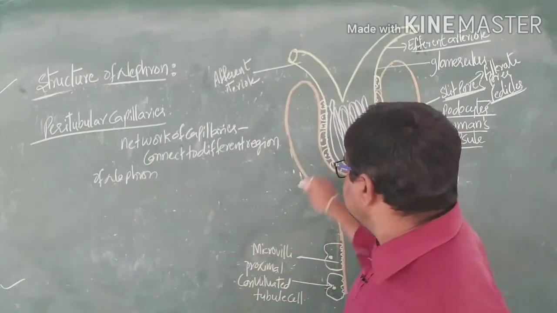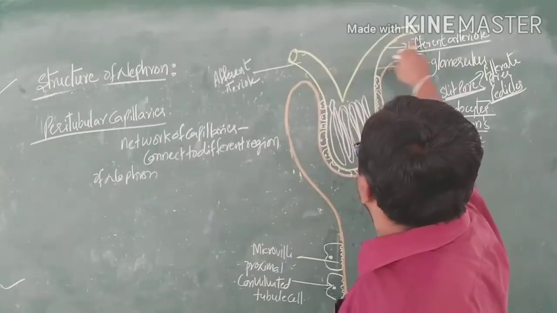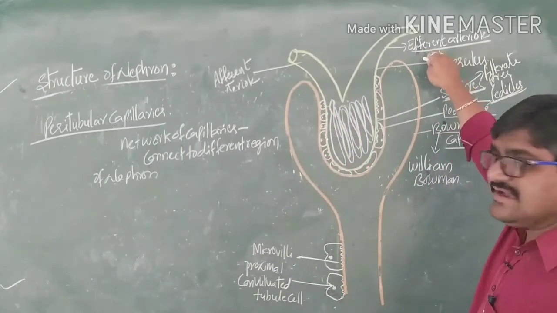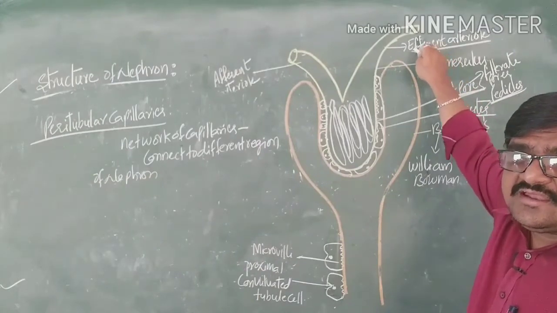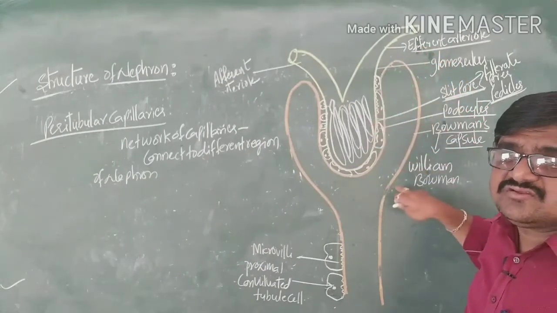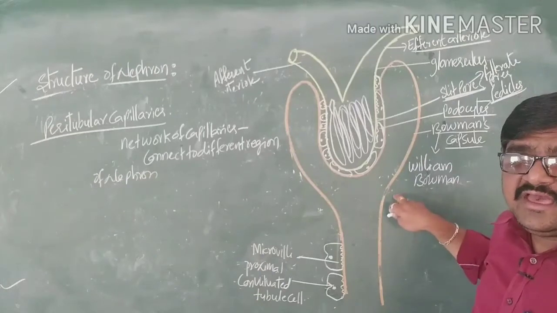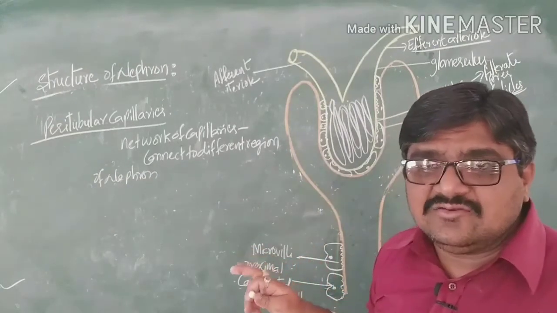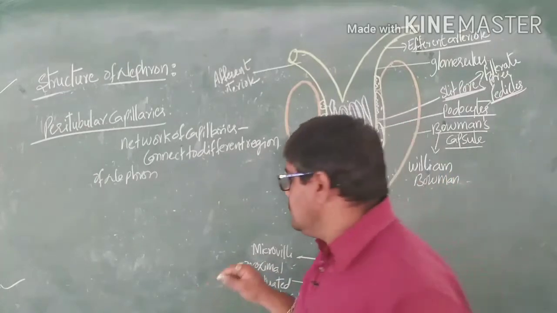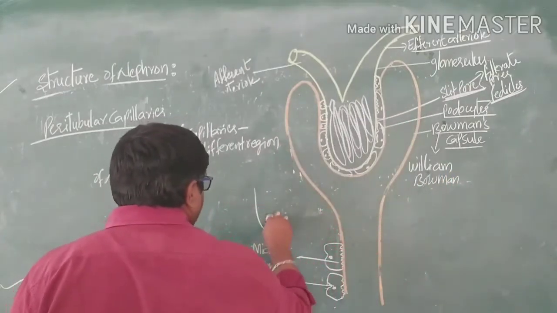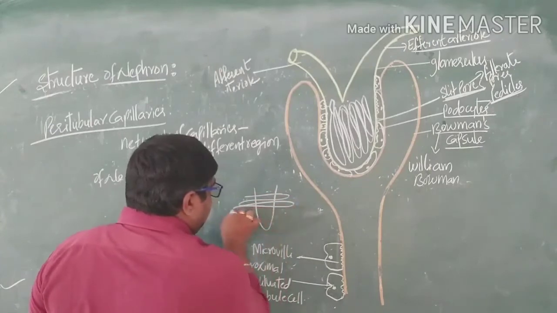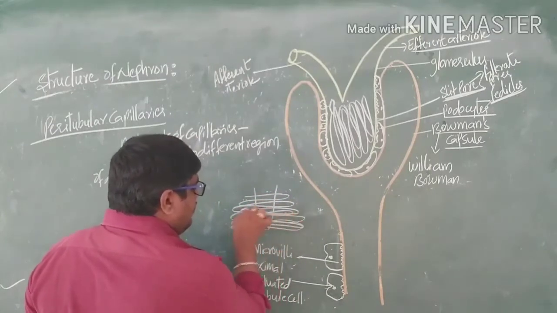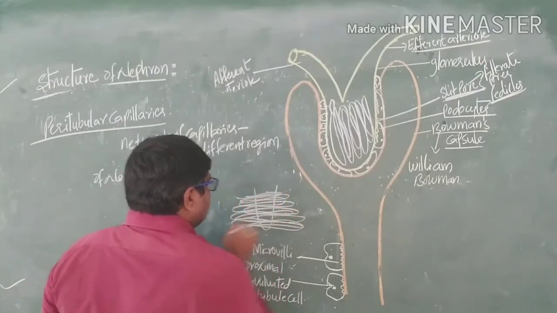After leaving the afferent renal arteriole, this connects the different regions of the nephron, where these peritubular capillaries run parallel to the Henle's loop. The peritubular capillaries which run parallel to the Henle's loop are called the vas recta.